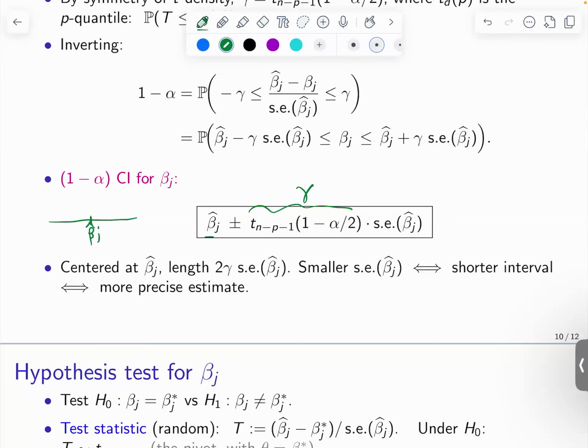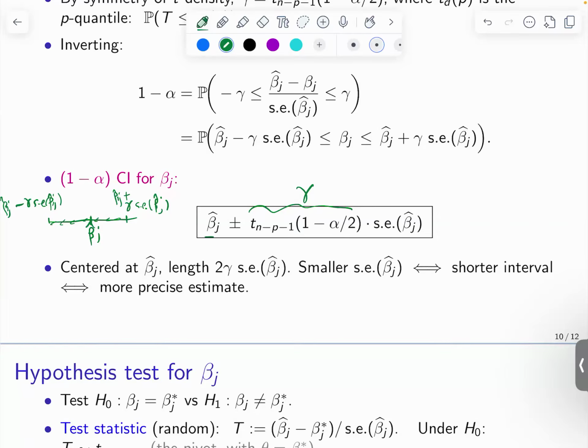The center is beta hat j, our point estimate, and then you go gamma standard error above it and gamma standard error below it. So it's a symmetric interval around beta hat j with length 2 gamma standard error of beta hat j.